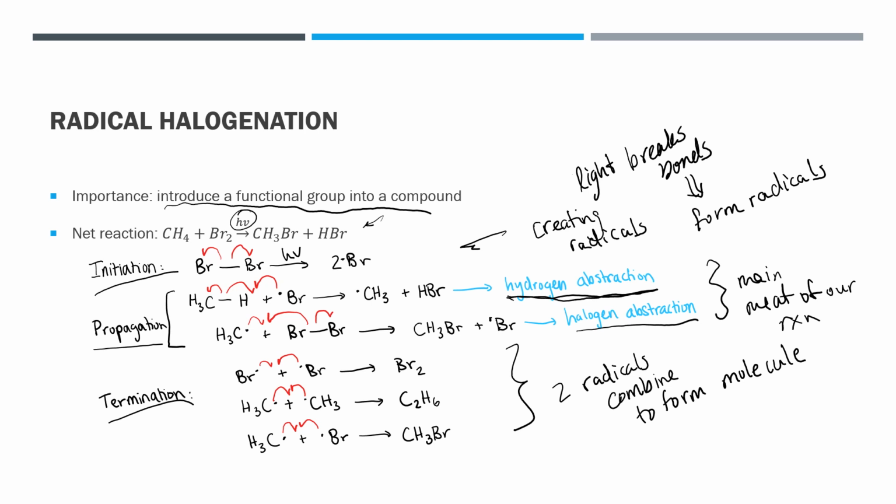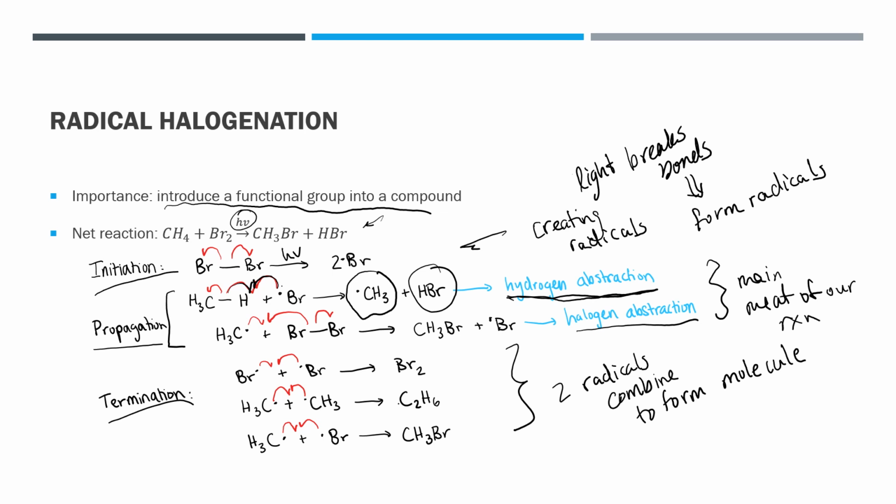This bromine radical and the CH4 are going to react, and this bromine is going to yank off a hydrogen. That's what we have with these fishhook arrows. I'm drawing the bromine forming a bond with the hydrogen. So the hydrogen is taking one of the electrons from the bond to the carbon, and the other electron goes and forms another radical, which is this methyl radical. So we form HBr and our methyl radical.